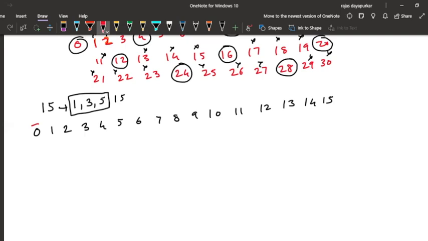So 0 is a winning position. 4 is a winning position. Who is also winning? 1, 2, 3 are definitely losing positions. How is 2 a winning position? If I give you 2, you can subtract 1.